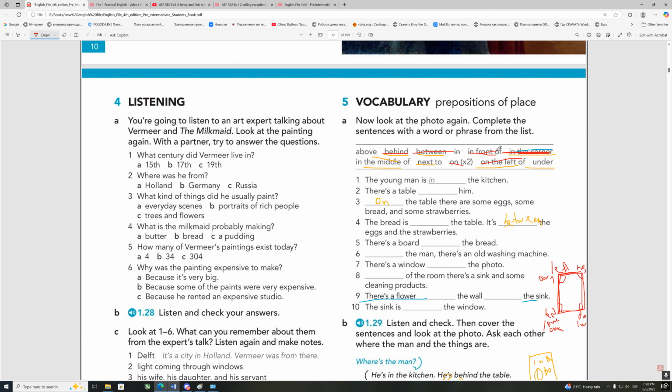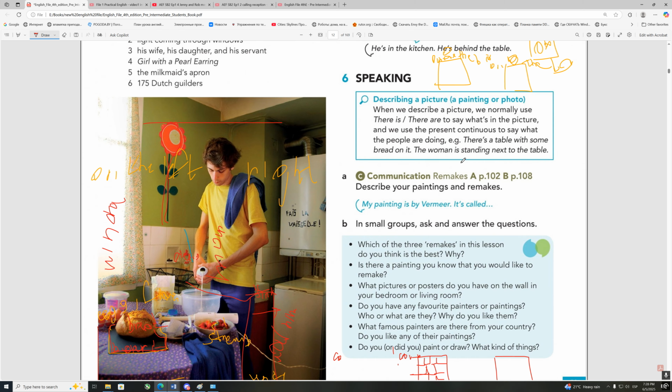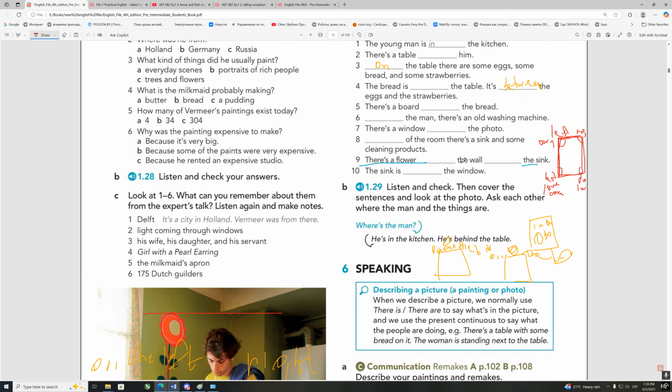Under. Wait a bit. Maybe not under. Above. Yeah. Above what? There is a flower. The wall. Okay.